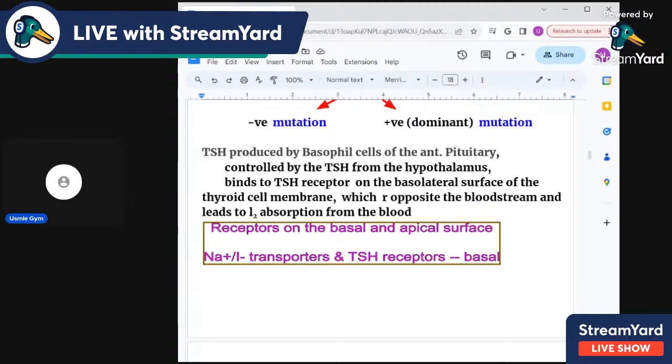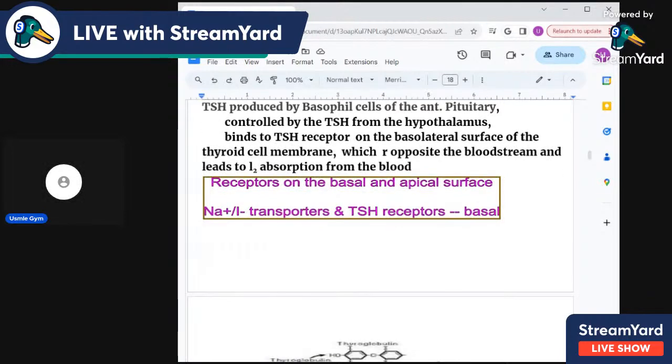And what are the hormones produced by the eosinophil cells of the anterior pituitary? They are growth hormone and prolactin. And the posterior pituitary is just a storage site of oxytocin and vasopressin, ADH. We already explained it in another video.